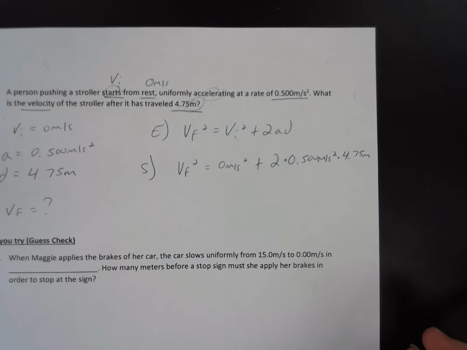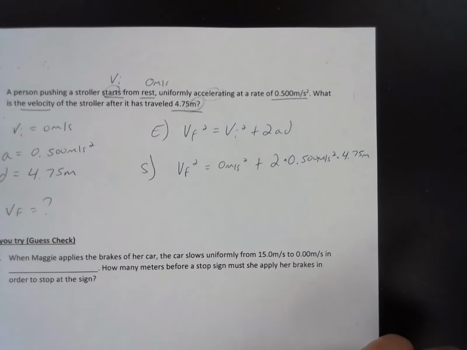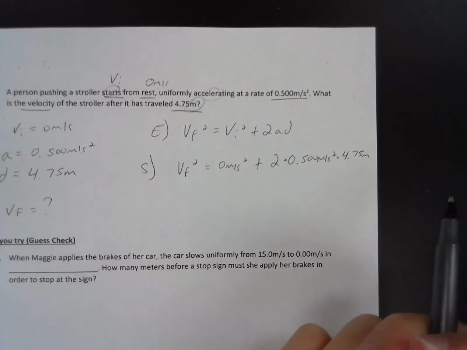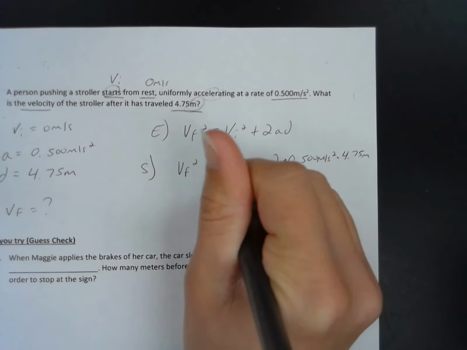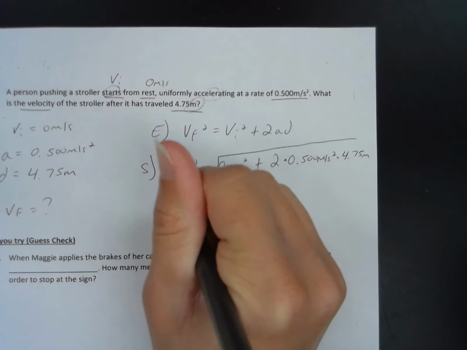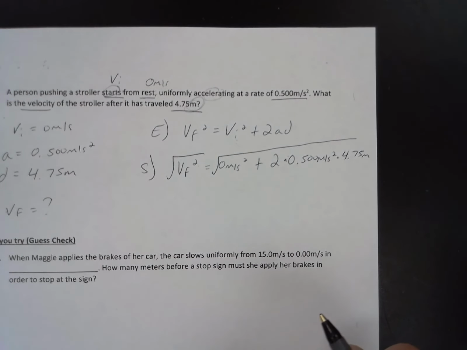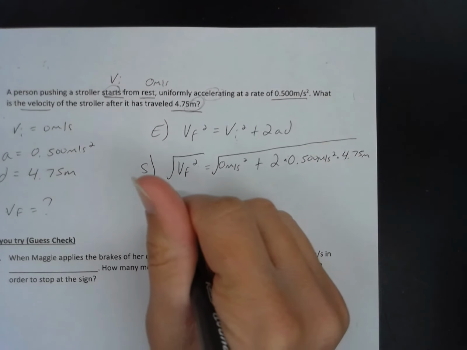Now, notice too that this VF has a square next to it. So this is set up to solve VF squared, but I'm looking for VF. So after I multiply all this together, I'm going to square root that number. So I'm going to square root both sides. What I do on one side, I do on the other.